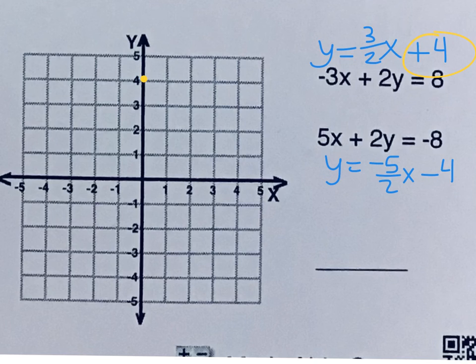And rise 3, run 2, we can't, so we're going to go down 3, and back 2 to there. Put a point, do it again, put a point, connect them, and all the way through, okay.